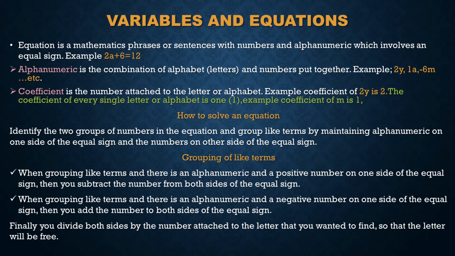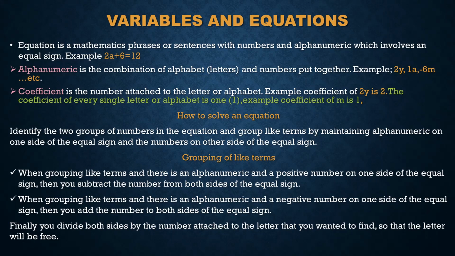Alphanumeric is a combination of alphabets, that is letters, and numbers put together. Example, 2y, 1a, negative 6m, etc.